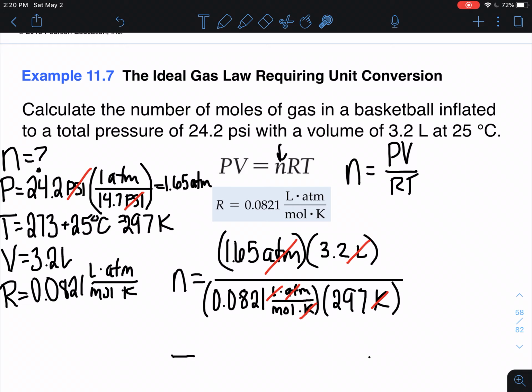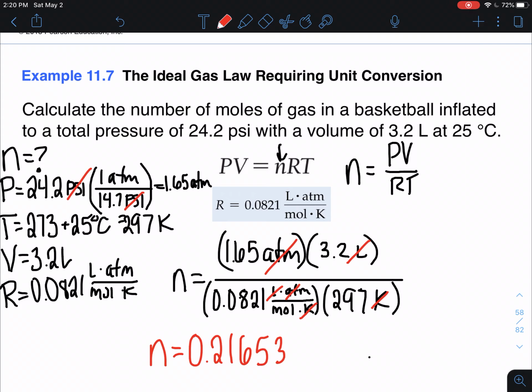And that's going to give us 0.2165. I'm just writing a bunch of numbers right now.